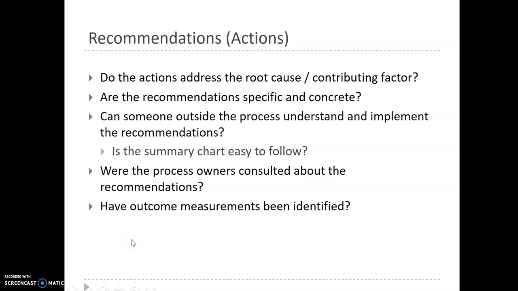When you're looking at recommendations, do the actions address that root cause, and are the recommendations specific and concrete? Can somebody from outside the process understand and implement these recommendations? And once you've implemented them, have you identified how you're going to measure any outcomes that result down the road?